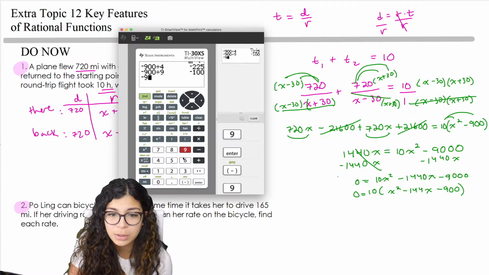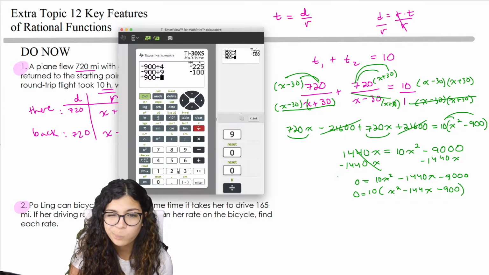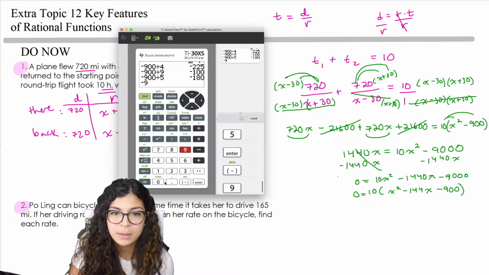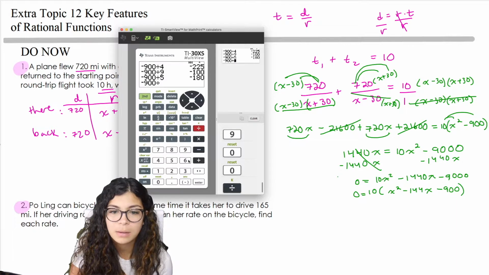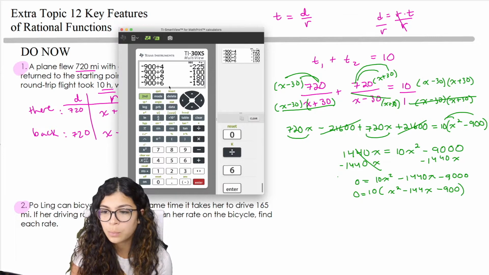Negative 900, because 100 is too big, divided by, let's try 5. Nope, something a little bit higher. Let's try 6. Yes, so negative 150 plus 6 would give me negative 144.